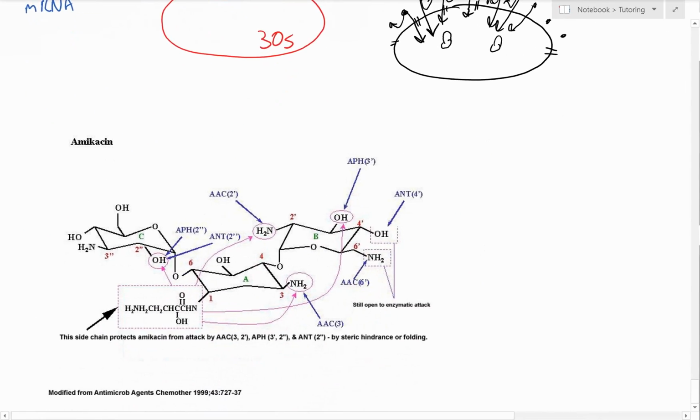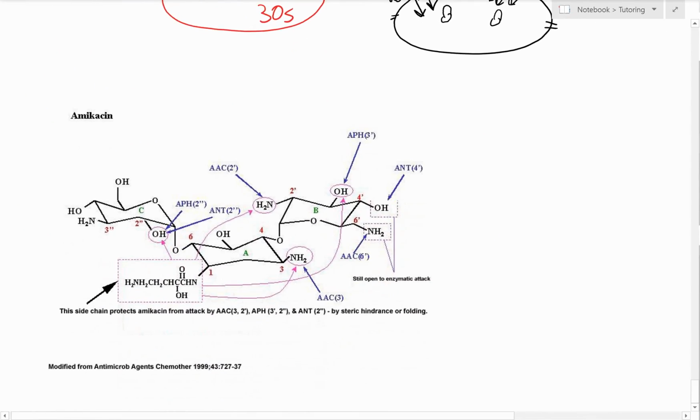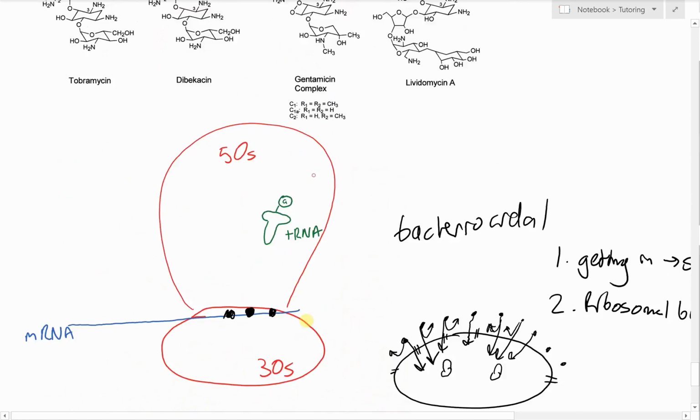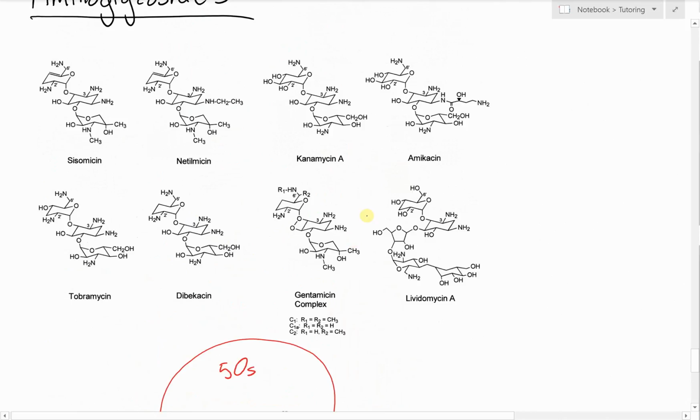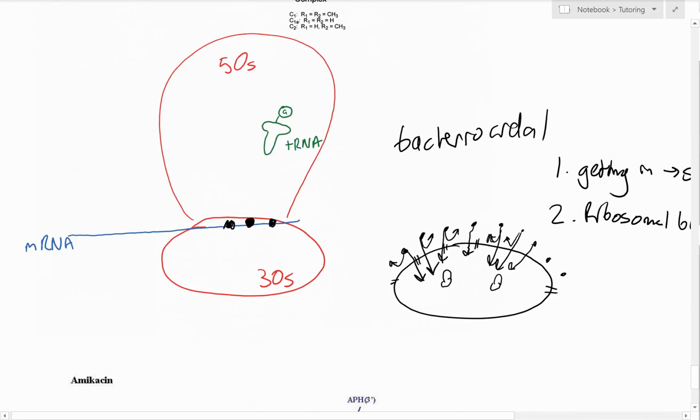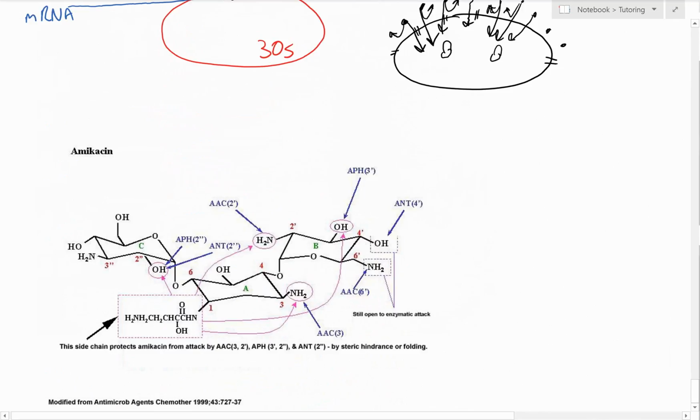And just using here amikacin as an example, all of these functional groups are kind of out on these rings. And if I go back up to here, you can see there's a lot of functional groups. All those groups are susceptible to modification. So what bacteria can do is they can actually start encoding enzymes which can bind to these exposed regions, and there's lots of them, and modify those.